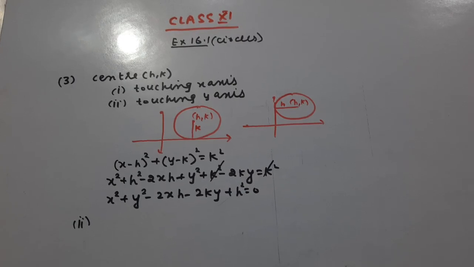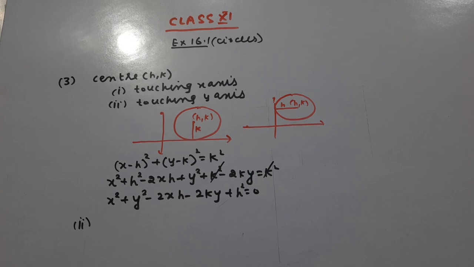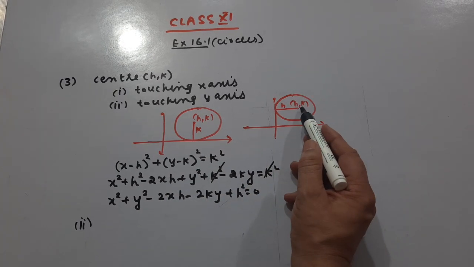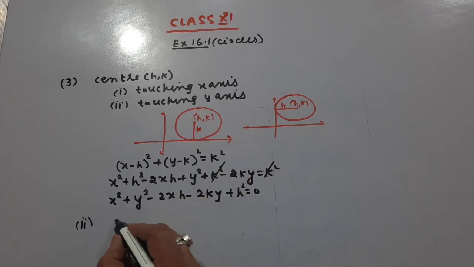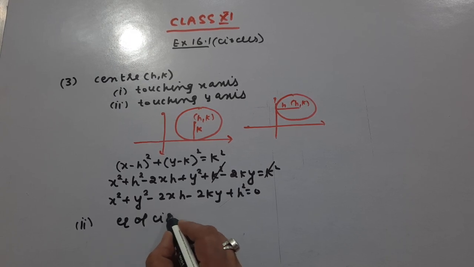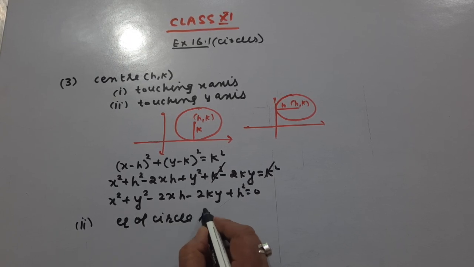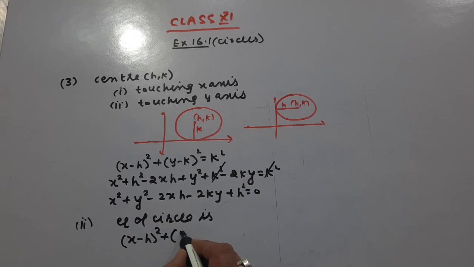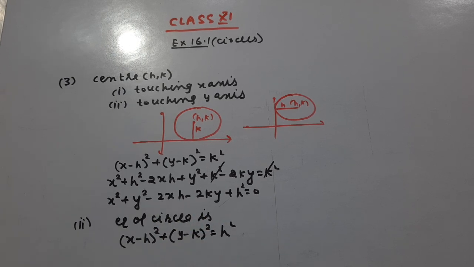Now similarly, when the circle touches the y-axis, in this diagram, center is (h, k) and radius is h. So the equation of the circle is (x minus h) whole square plus (y minus k) whole square equal to h square, like this.